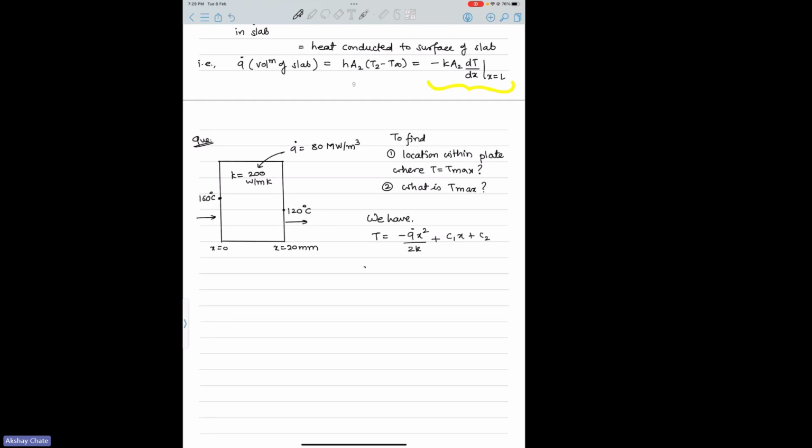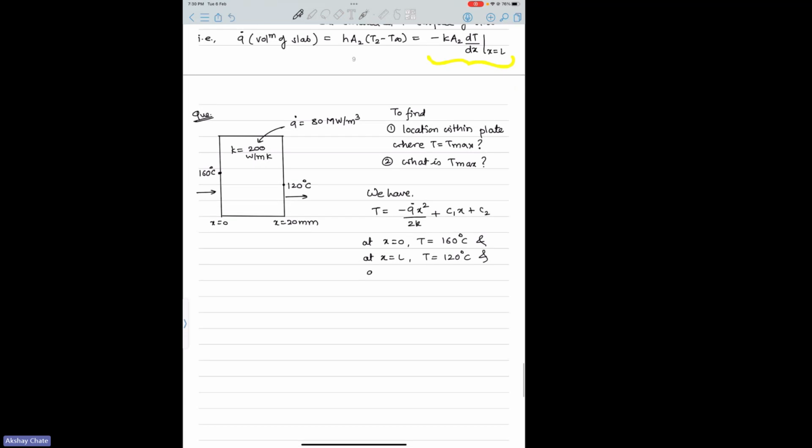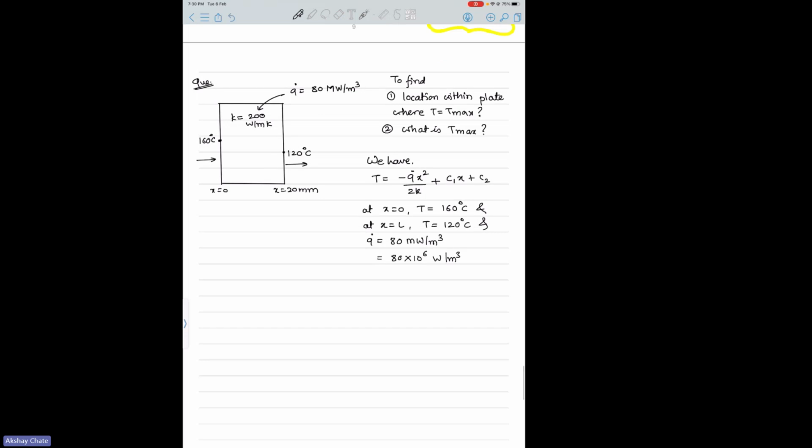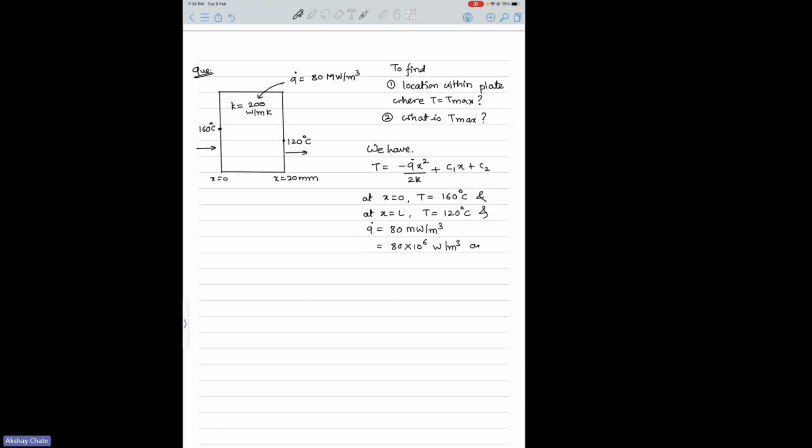Now we know at x equal to 0, T is equal to 160 degrees, and at x equal to L, T is equal to 120 degrees, and q dot is 80 megawatt per meter cube. So you can convert it into SI units: 8 into 10 to the power 6 watt per meter cube. And k is 200. So everything is given.